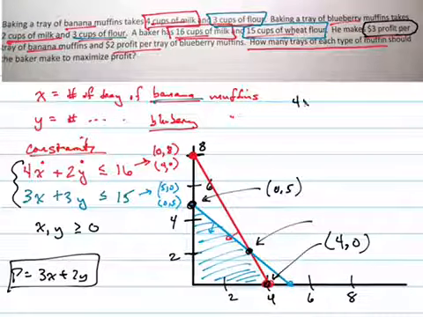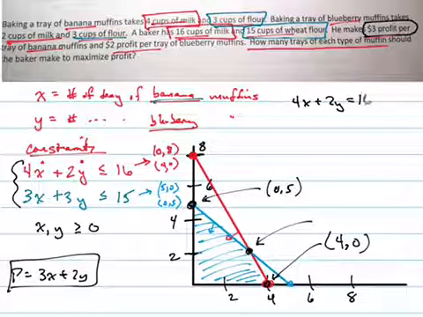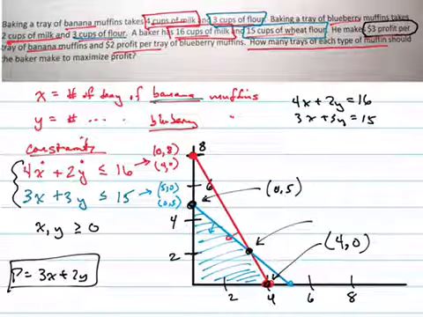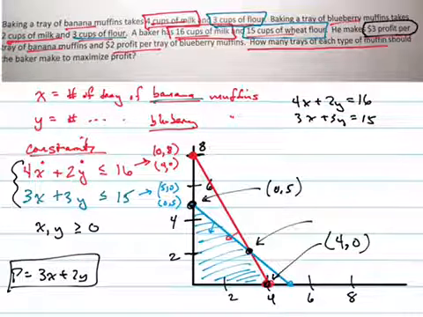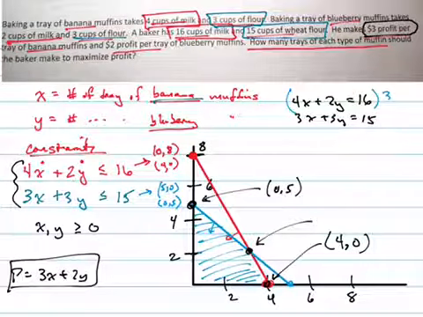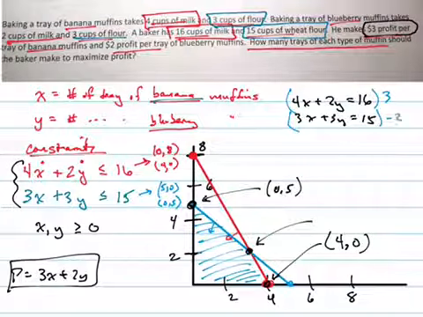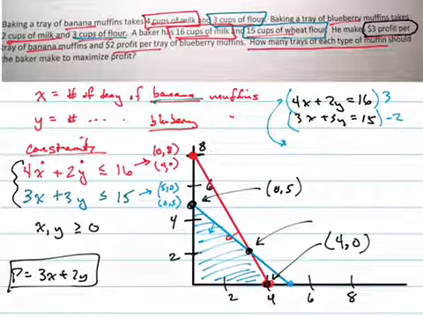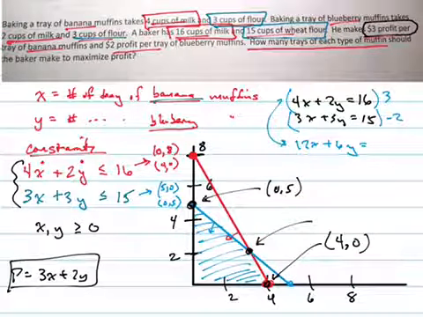So that system of equations, I'm going to write it up here and solve it. 3x plus 3y equals 15. To solve the system, the best way to do it is to multiply the top equation by, let's say, 3, and the bottom equation by -2, and that way I'll eliminate the y. So my equation is going to be 12x plus 6y equals, what is that, 48?